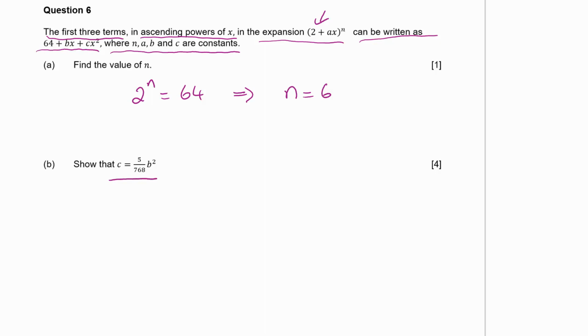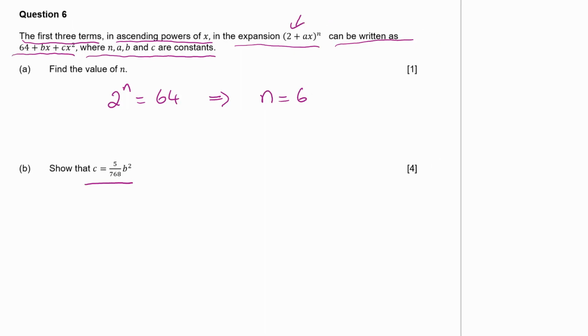Now we want to show that c is 5 divided by 768 times b squared. So if we continued with the expansion, obviously 2 to the 6 would be the first term, and then we would have plus, and we know that n is 6 now, 6C1 times 2 to the 5 times ax.